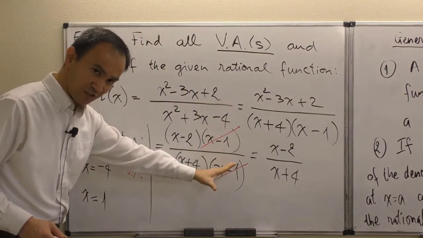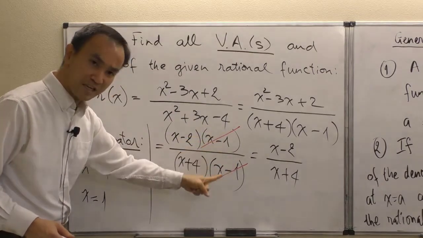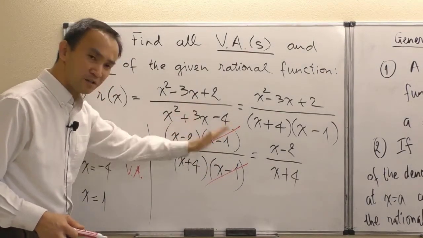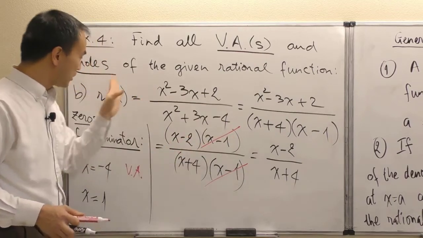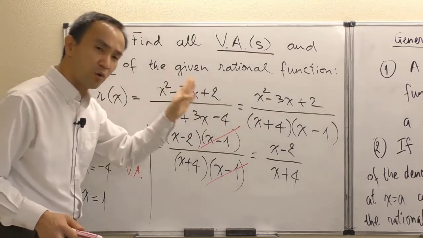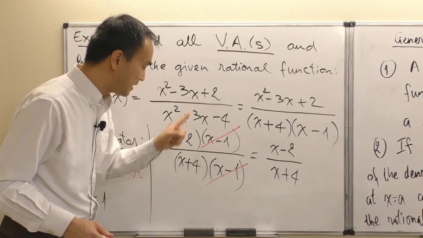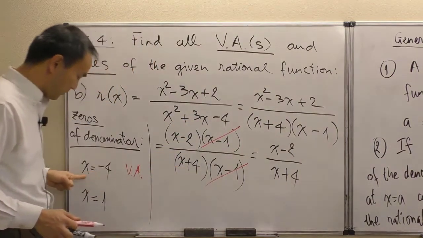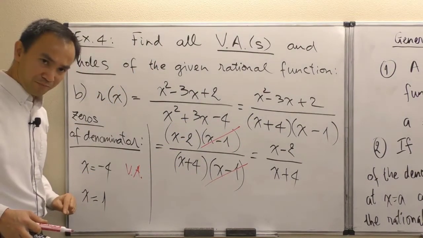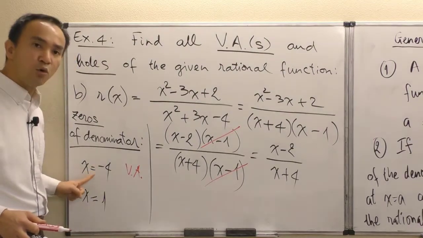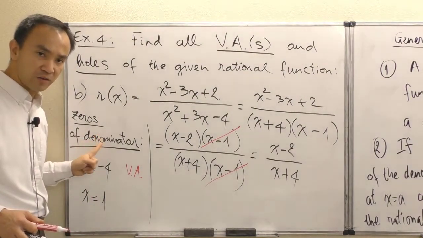I mentioned this earlier. We can only cancel this because no matter whatever we're doing here, as long as we're working with this rational function, we are working with any x values except x equals negative 4 and except x equals 1, because these are being excluded from our domain, they are the zeros of the denominator.